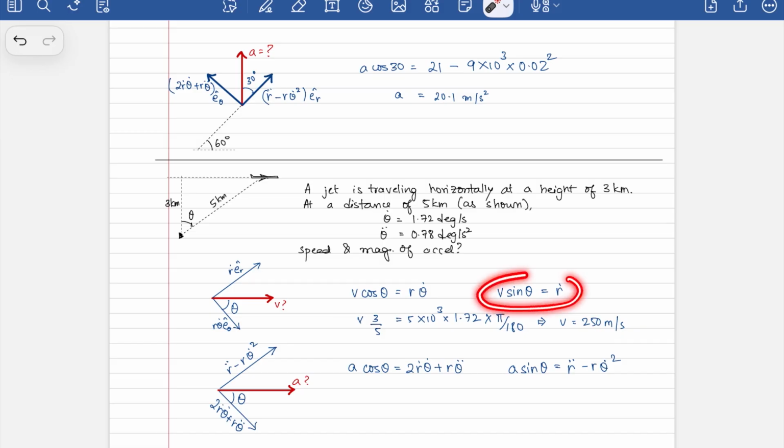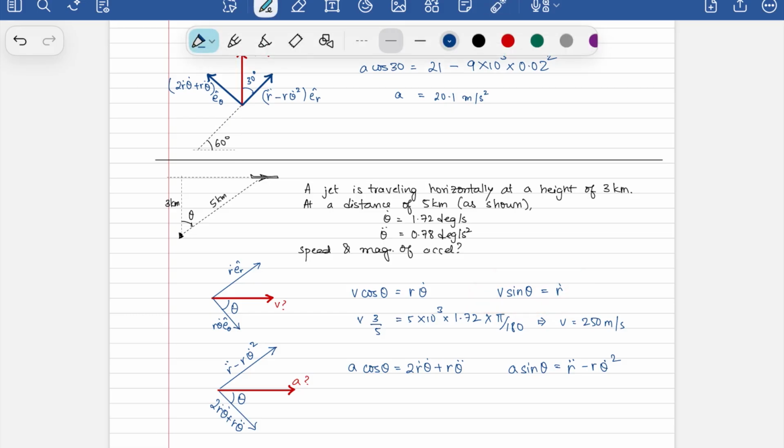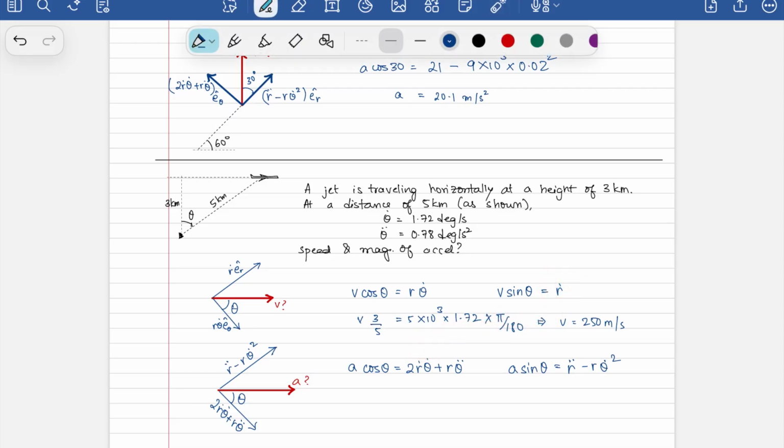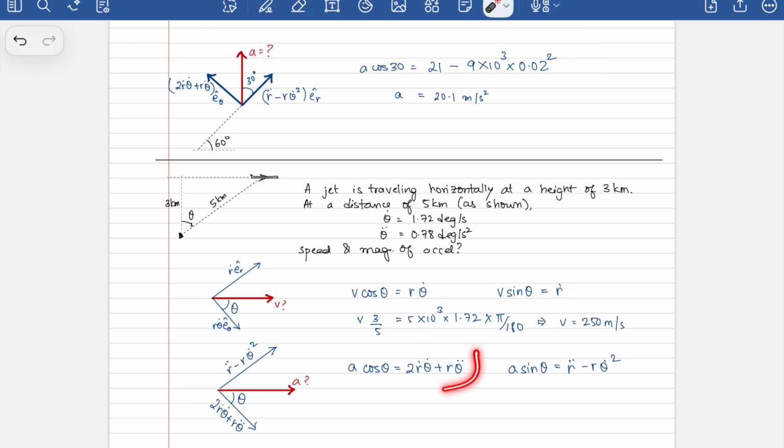Here's a clue. V sine theta is equal to r dot. So essentially, we can have this r dot defined as v sine theta, which now allows us to use this relation here.